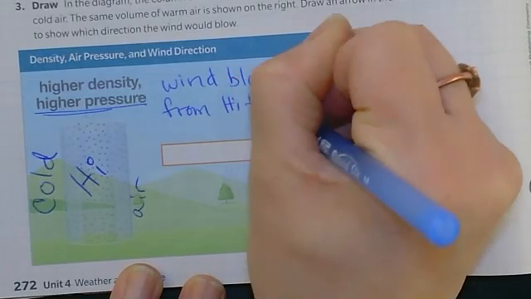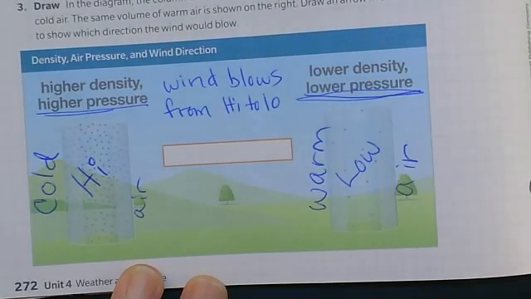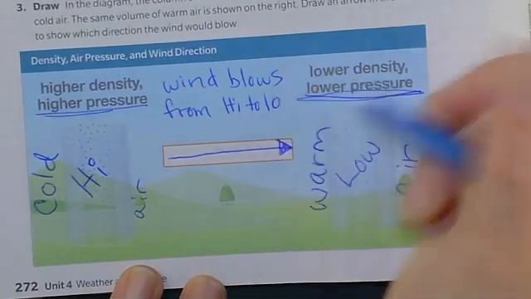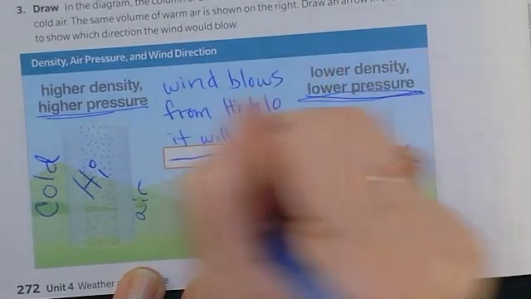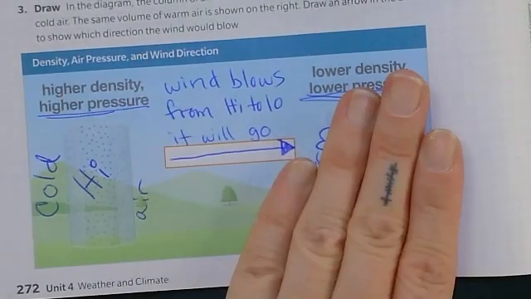So if wind blows, let's write this down, from high to low, which direction is it going to go? It's going to go in this direction.